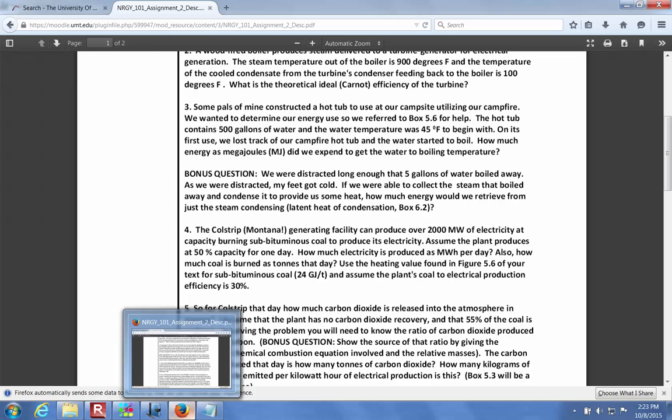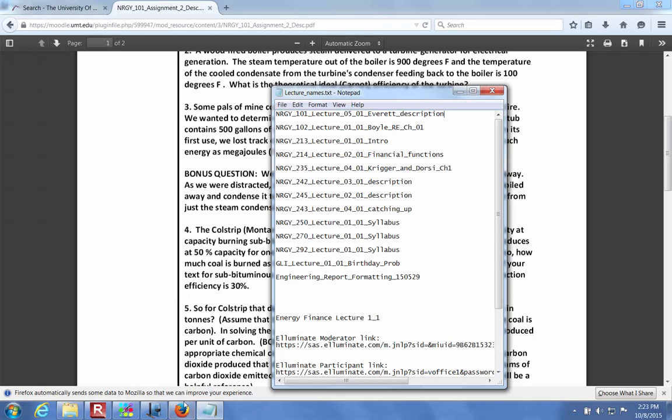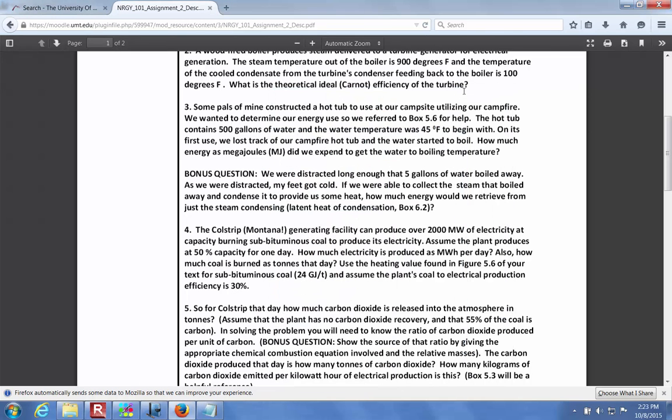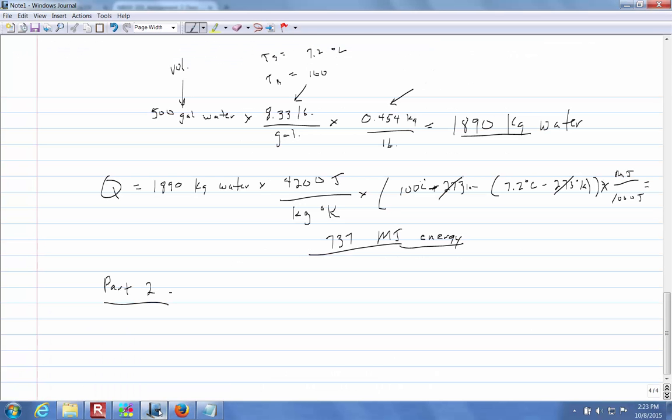So, part 2 or the bonus. You have 5 gallons of water boil away. How much energy is that if you were to condense it? And it's the same amount of energy whether you're boiling it away or condensing it again.